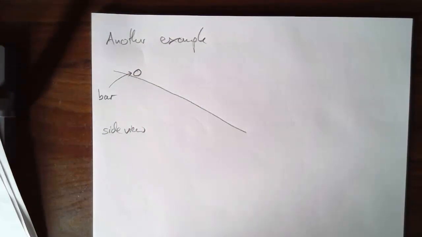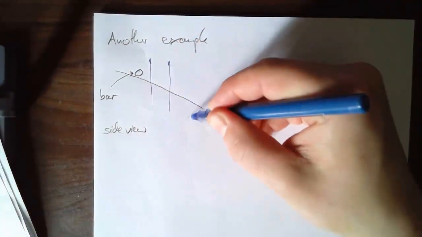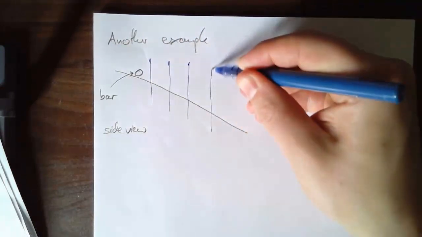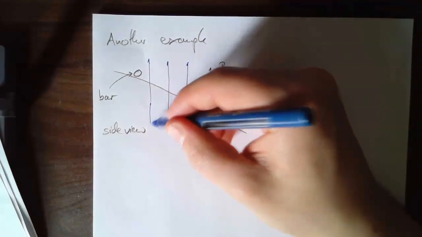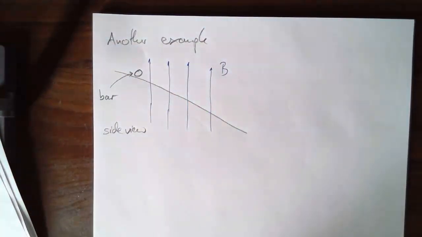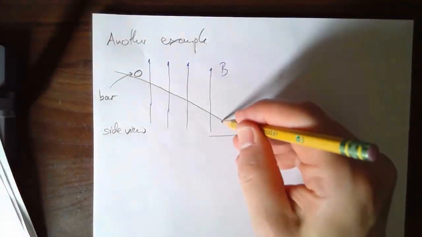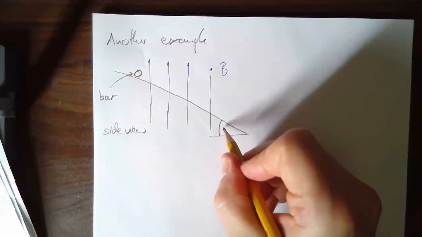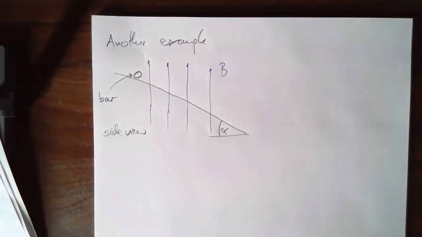The magnetic field points straight up. Straight up, of course. This hill makes an angle, called alpha, with the horizontal.